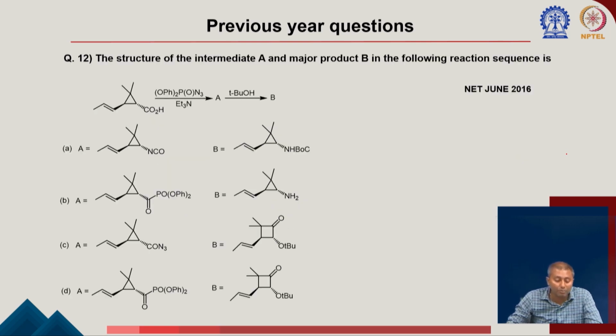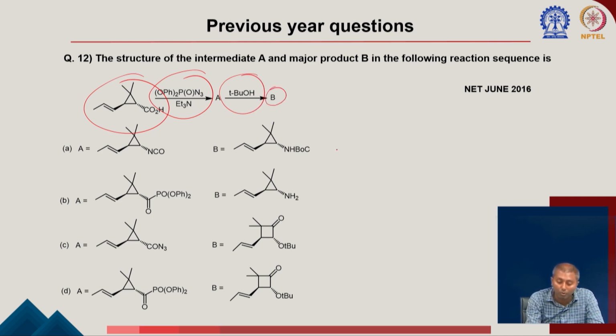So, this is another question here. You are using this azide source with this carboxylic acid, and you are using tert-butanol, and you are getting the product B. So, let us try to draw what is happening here. Of course, there is no change in the cyclopropane. The change is in the COOH.